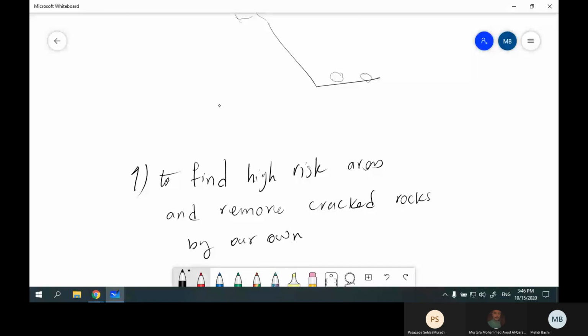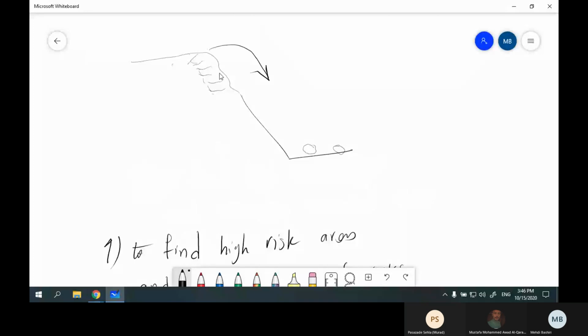What does it mean? For example, you can find the places that have the potential for rock falling, and then remove them. For example, by hammer, we can remove it by ourselves, and secure the place. So then the risk of rock falling reduces.